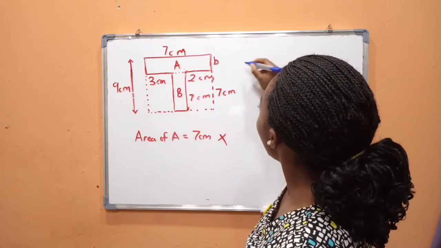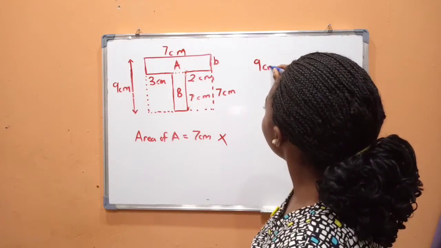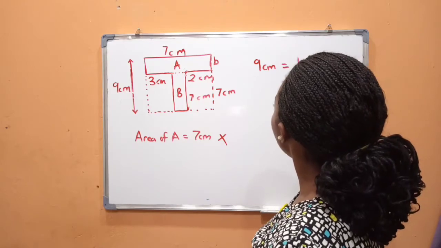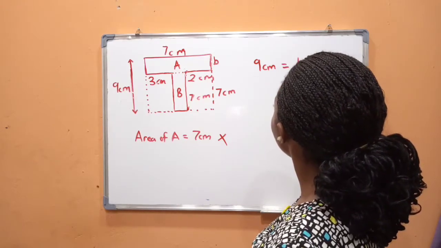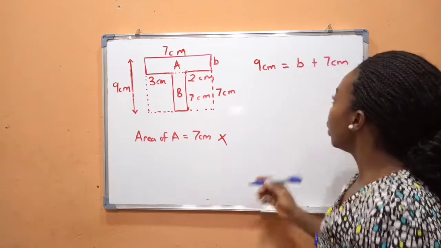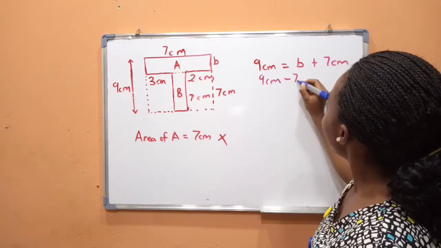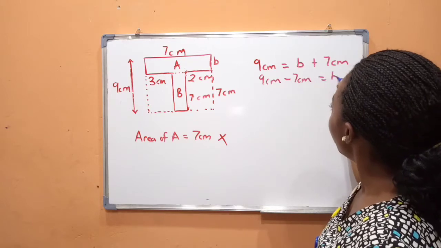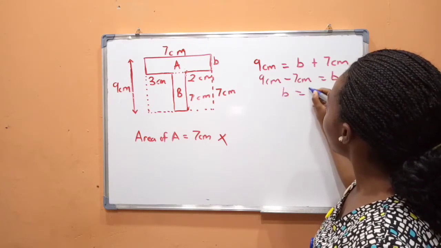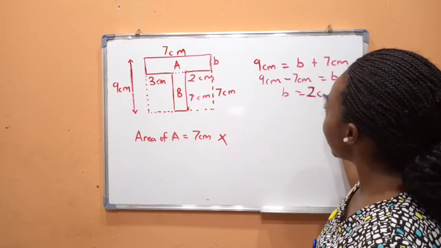So that means to find B, we are going to have 9 centimeter is equals to B plus 7 centimeter. That's what we are going to have. So in doing that, we're going to say 9 centimeter minus 7 centimeter equals to B. B is equals to 2 centimeter.